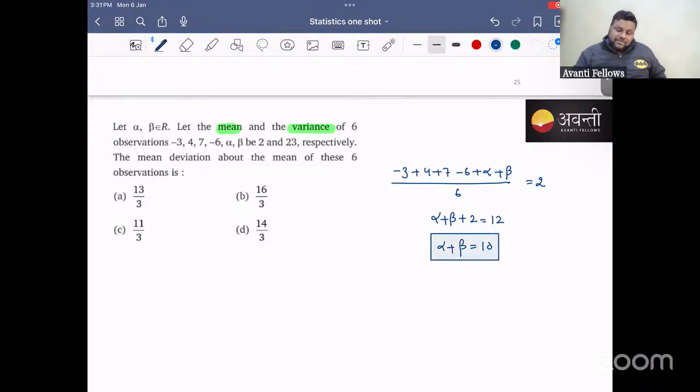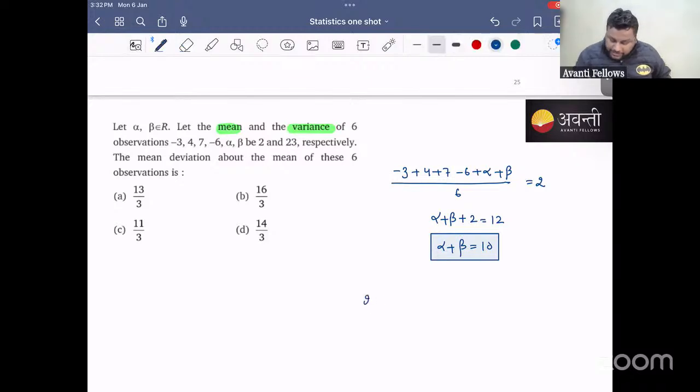Now they're telling me variance. Sorry, variance is 23.